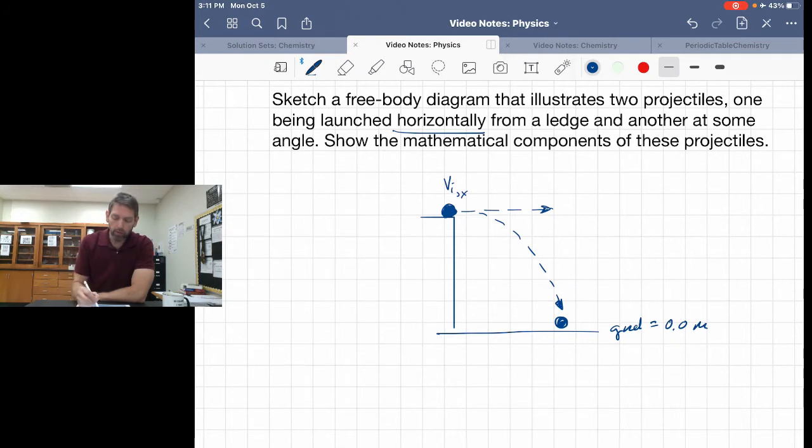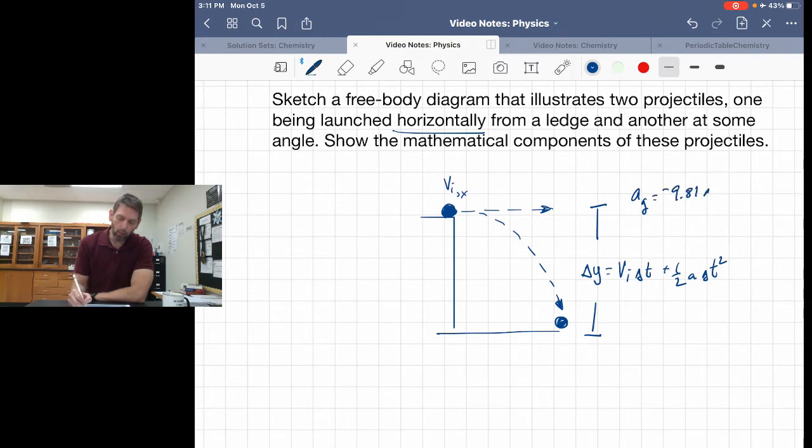So now let me get this out of the way because I want more room. We have here a change in y, and we have an equation for that: vi delta t plus 1/2 a delta t squared. Now we know that this is falling downward, so its downward acceleration is due to gravity, which is negative 9.81 meters per second squared.